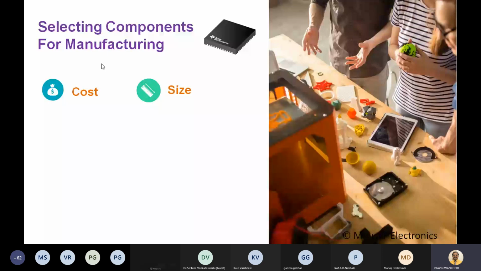Sometimes we tell our students, oh, go for SMD components always, so your product size will be less, and it will look like a very branded product. And we tell the students like this, and they bring all such SMD components, and they start designing the PCB for those SMD components and develop the product.